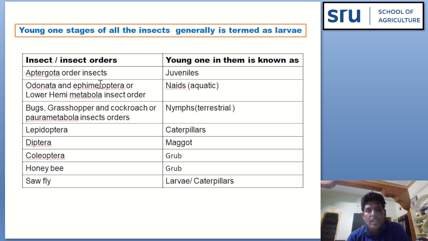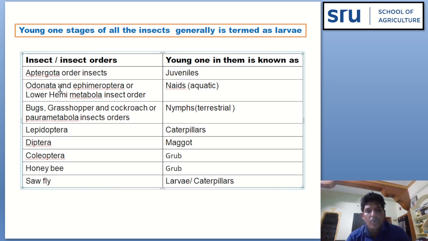See here, apterygote order insects. The young ones in them are known as juveniles.